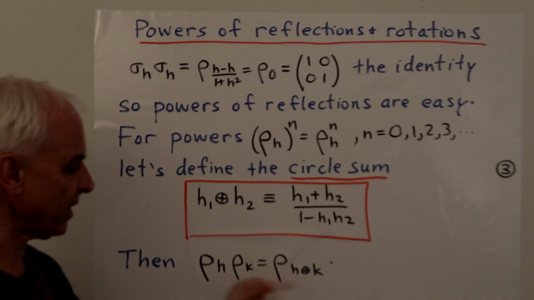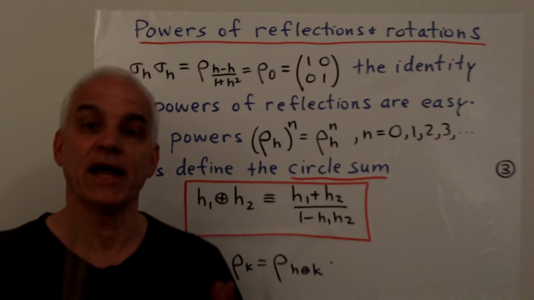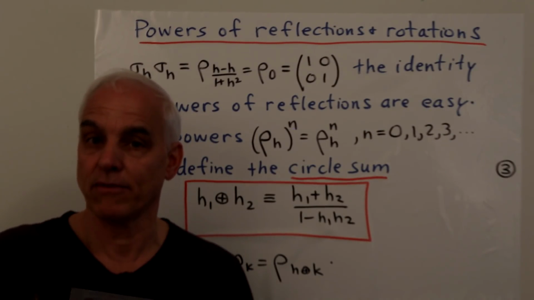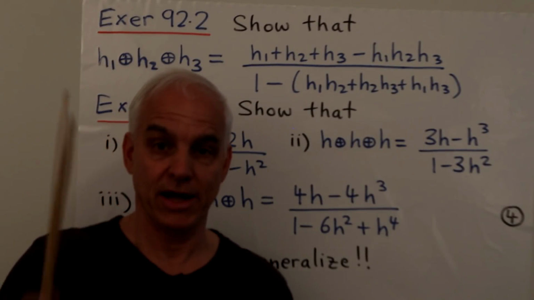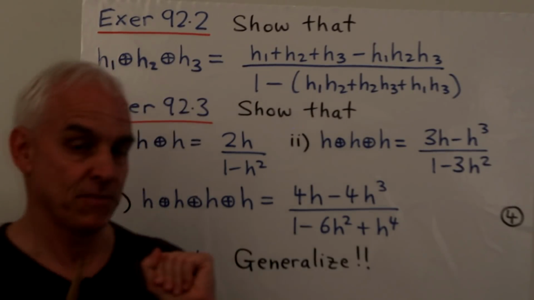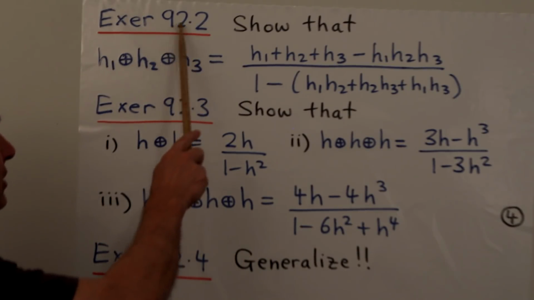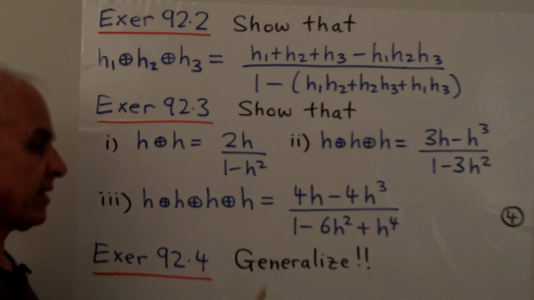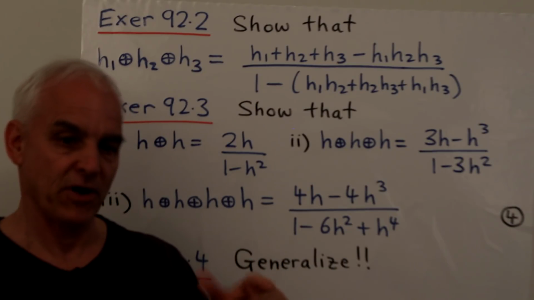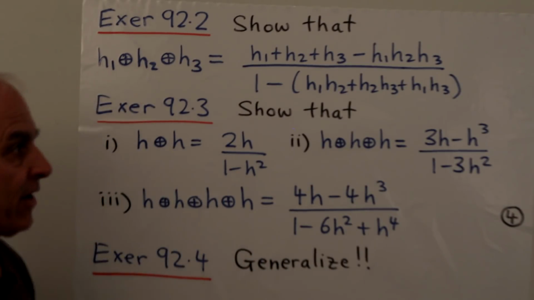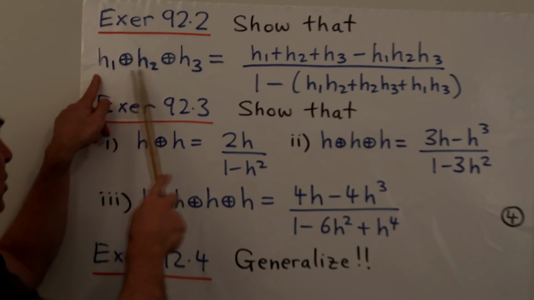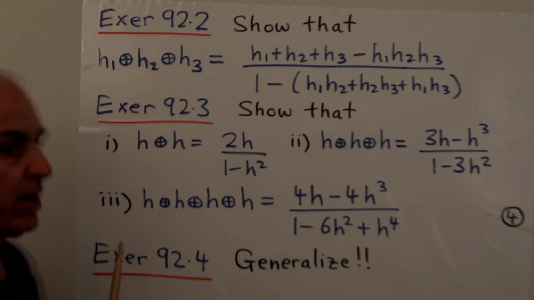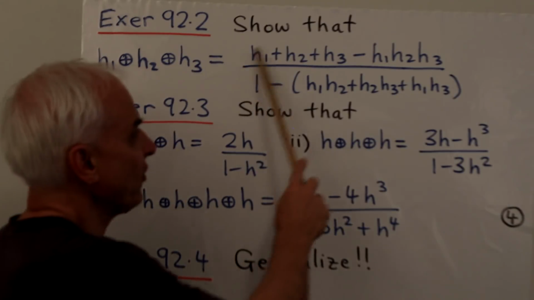Okay, so let's see if we can exploit this to understand powers of a rotation. Now, there's some pleasant algebra here, which I'm going to leave to you as some nice exercises. So the first one, exercise 92.2, is to show that this circle sum, which we've so far defined for two things, has the following form when we extend it to three things. So if we take h1 circle sum h2 circle sum h3, we get this number.